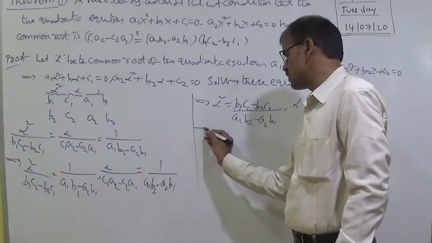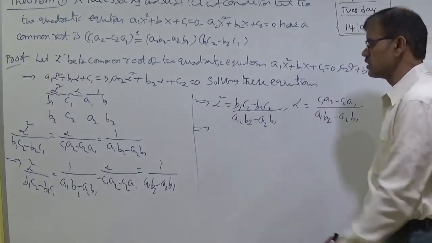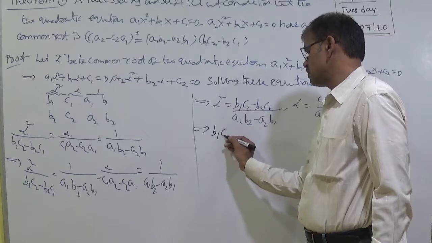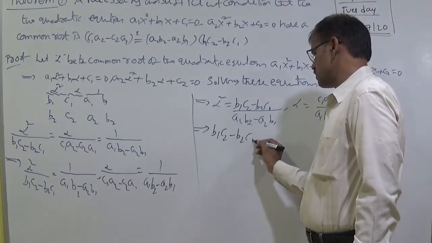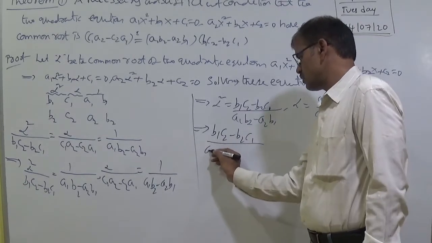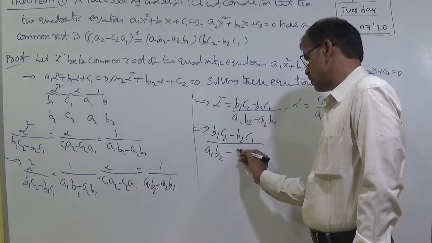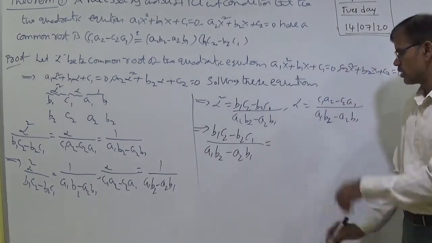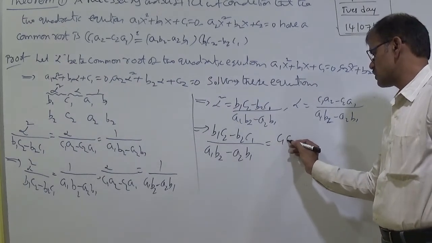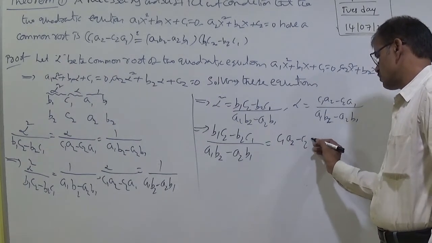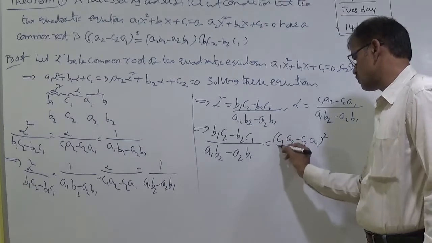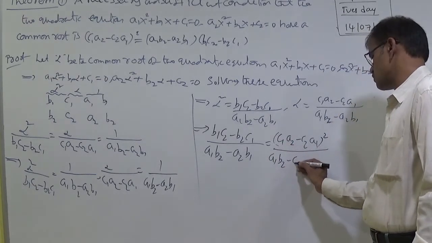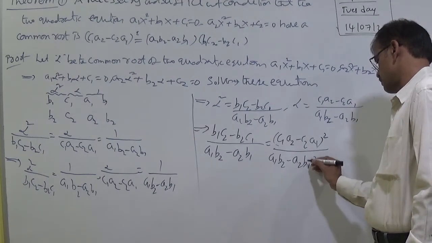By squaring both sides of alpha and equating these two, we get a condition that b1c2 minus b2c1 by a1b2 minus a2b1 is equal to c1a2 minus c2a1 whole square by a1b2 minus a2b1 whole square.